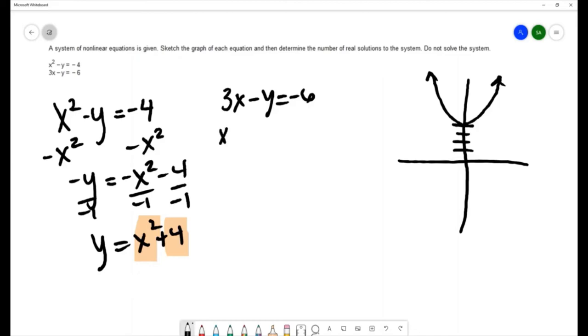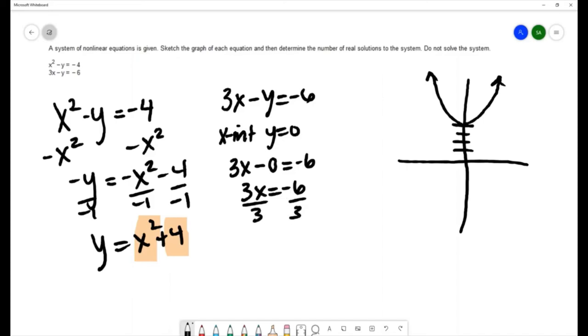I have an x-intercept by letting y equal 0. That's 3x minus 0 equals -6. 3x equals -6, and I'll divide by 3. x equals -2, so I have an x-intercept at -2, 0.